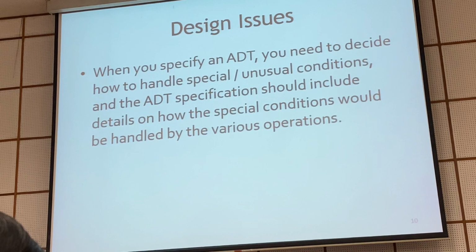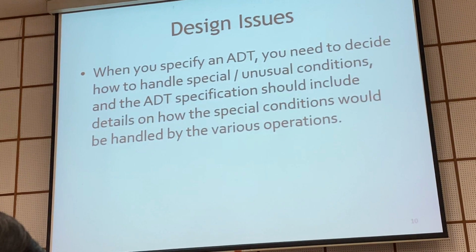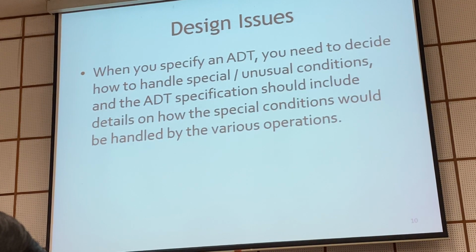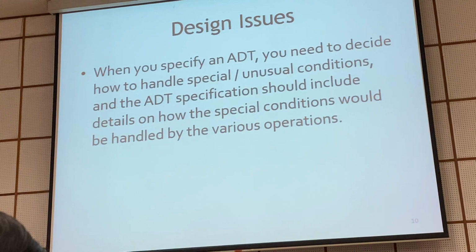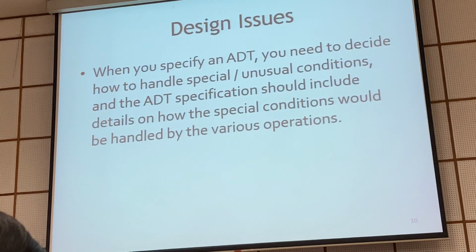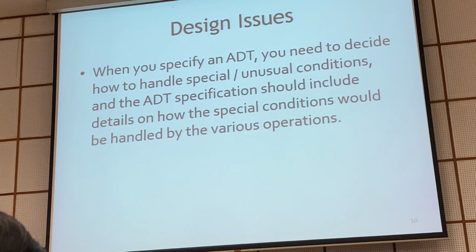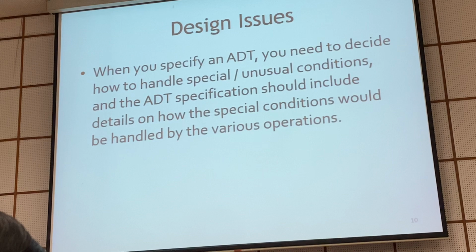When you specify your ADT, you need to decide how to handle special, unusual conditions. Then you must indicate in your ADT specification in detail how you're going to handle this kind of situation.